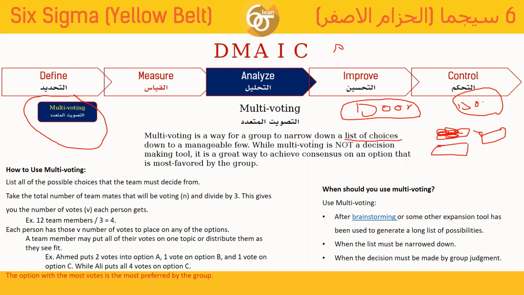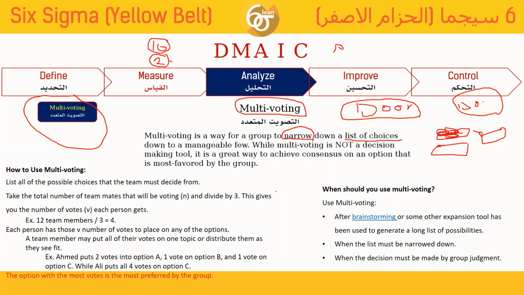You need to narrow this list. Instead of 10, we need to make it 2. In Six Sigma, the best thing to use for this is multi-voting.